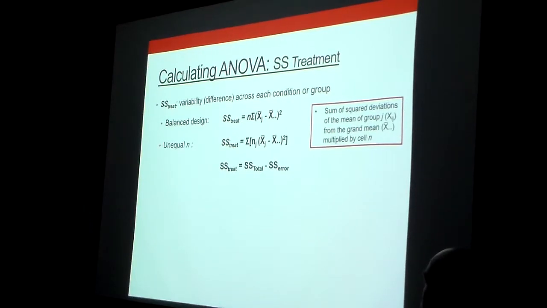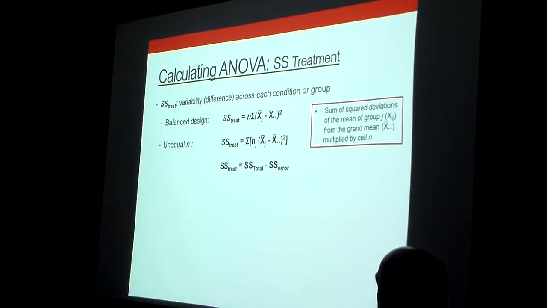But oftentimes we don't end up with a balanced design. We've got cells that have different numbers of people in them. And so we just take this formula and twist it around a little bit. We take our sum of squares treatment as the sum of the squared deviation of each group mean from the grand mean, multiplied by the number of people in that cell.